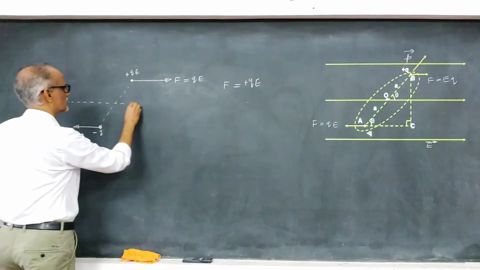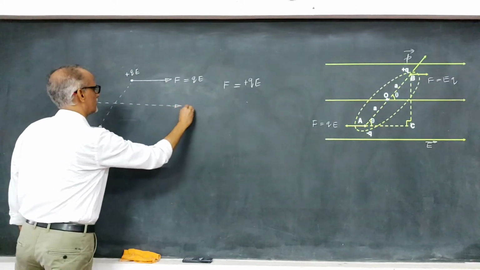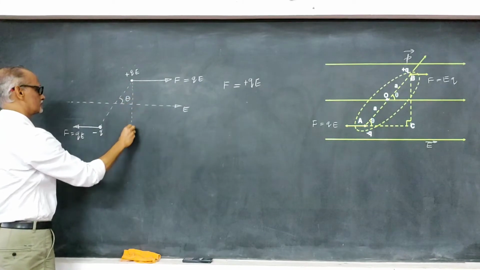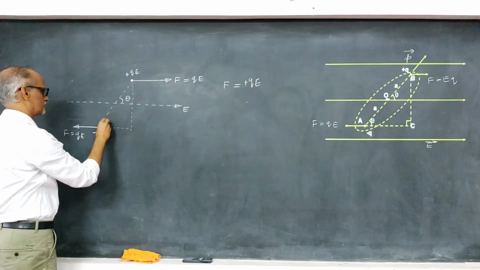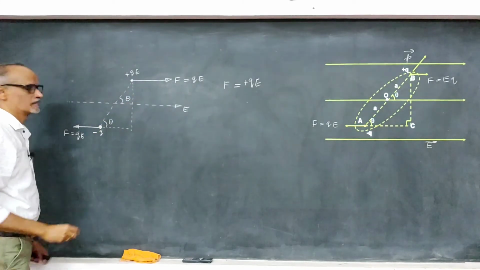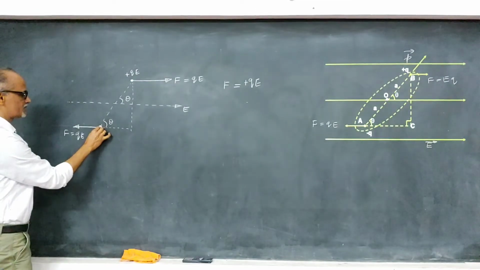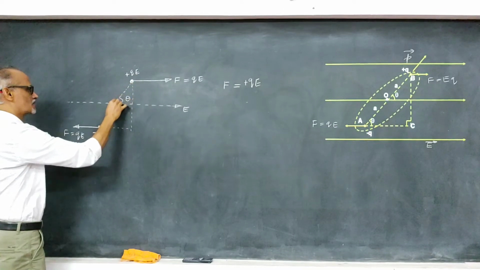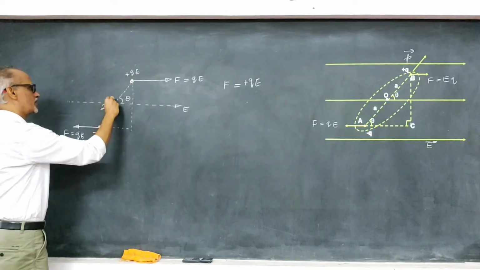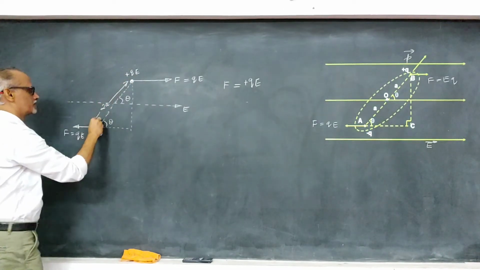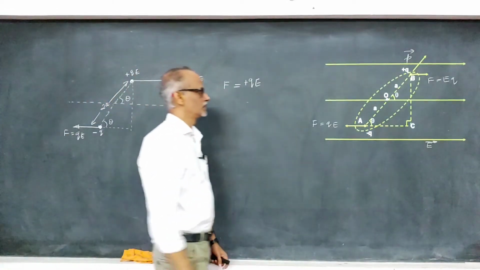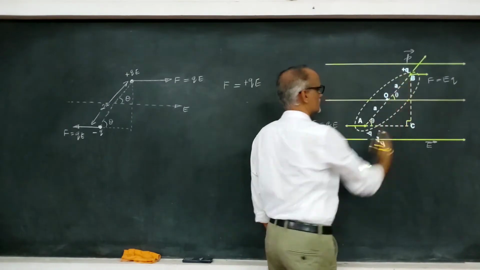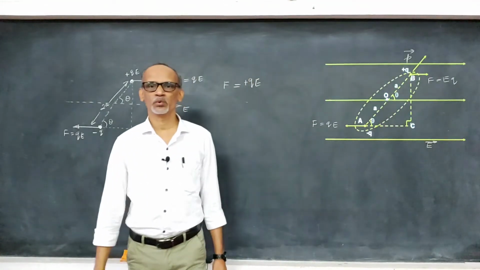And this is the direction of the electric field, and this is theta. What is the distance between the center of the negative charge and the center of the positive charge? That is called dipole length. That is 2a. So this is the center, this is a, this is a. That's a total of 2a.